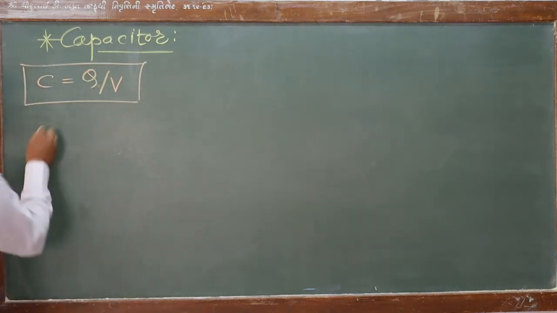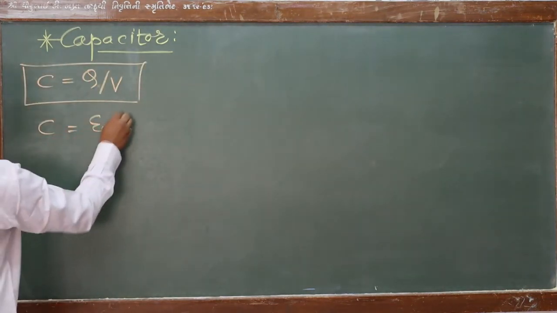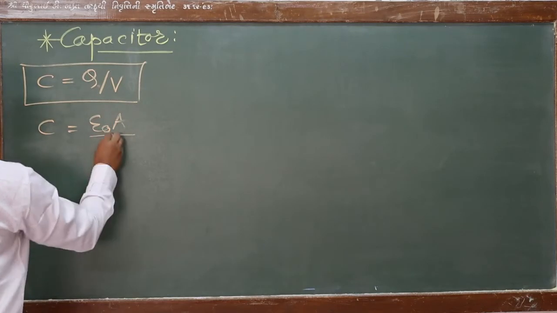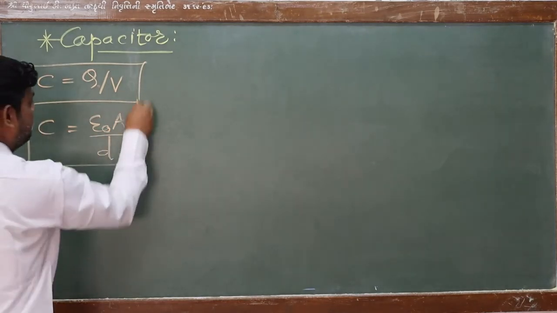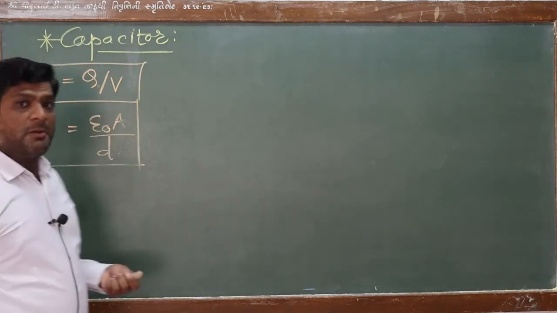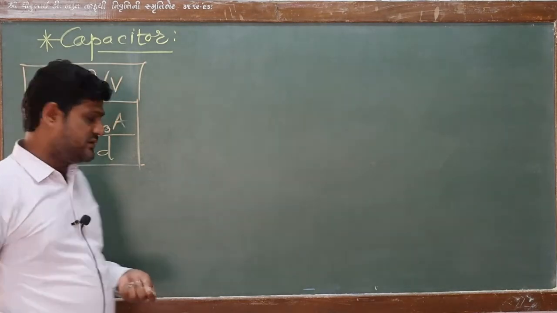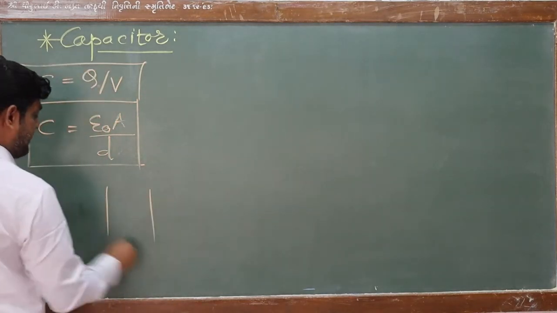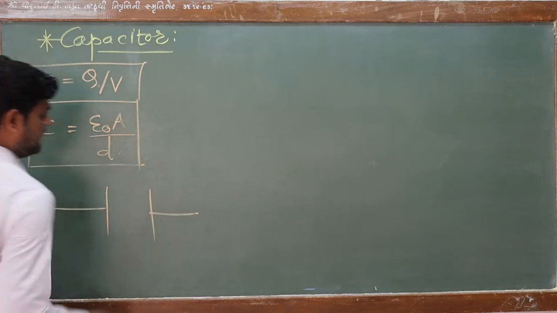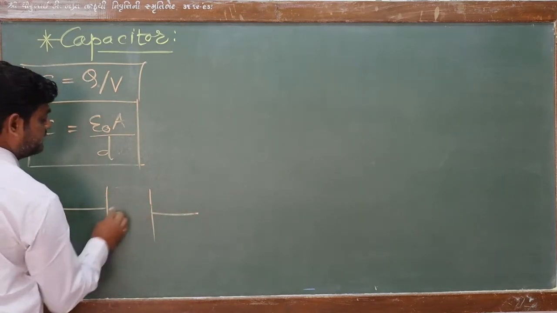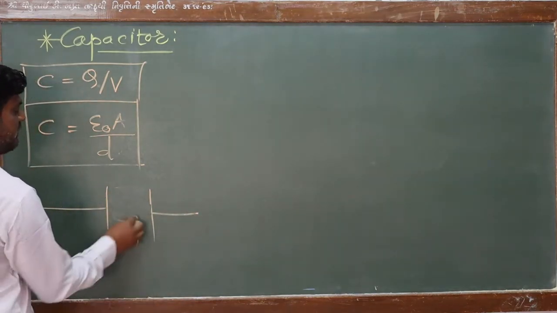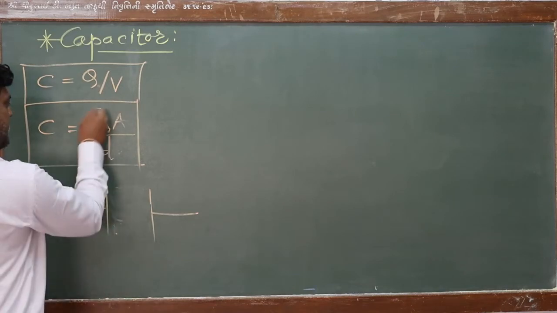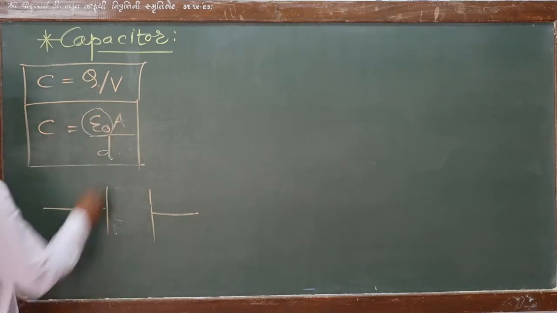Capacitance C equal to epsilon 0 A by d is another formula for the capacitance of a parallel plate capacitor. When the air medium is present between the two plates of the capacitor, at that time we write epsilon 0.